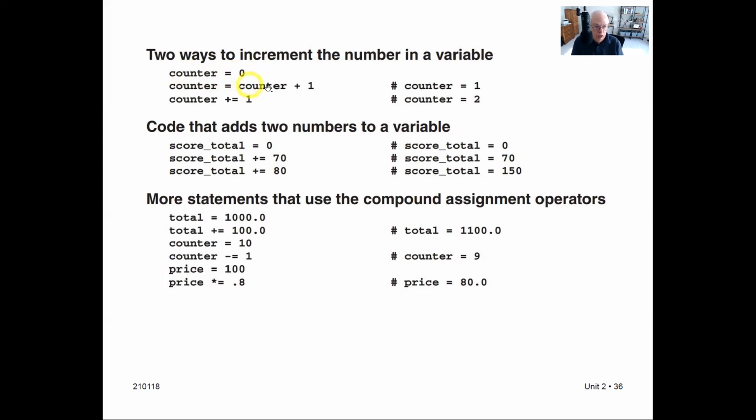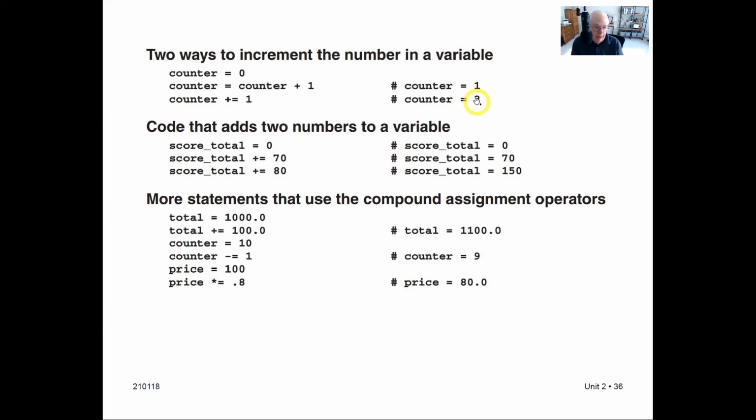And then the old school way, the counter plus 1 increases the value of counter by 1, okay? That's not anything too earth-shattering. Then in the second example, we're using the compound operator. At this point, counter is already 1, so we're adding another 1 to it, and that's why it becomes 2. So that's a good example of how a compound operator works. It's just less code, it works faster.